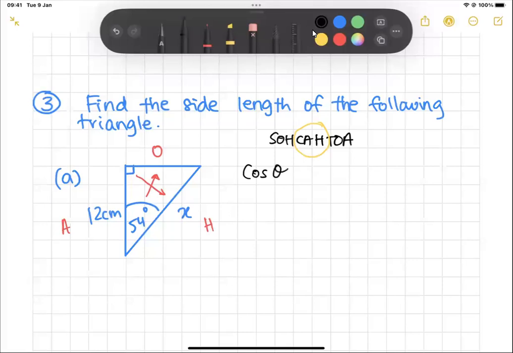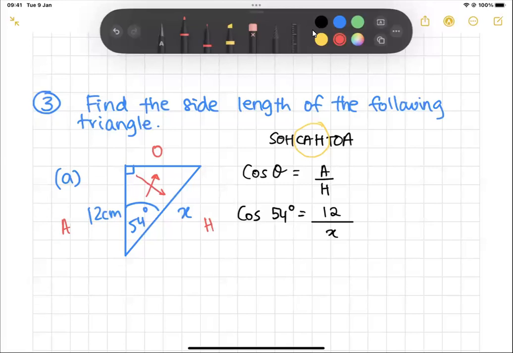And I'm going to write down the formula. Cos theta equals A over H. All right, done that. I'm going to sub it in. Cos 54, that's my degree, equals A, which is 12 centimeters, and H equals X. Okay, I've done that.